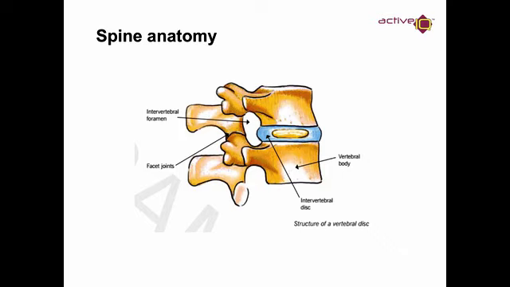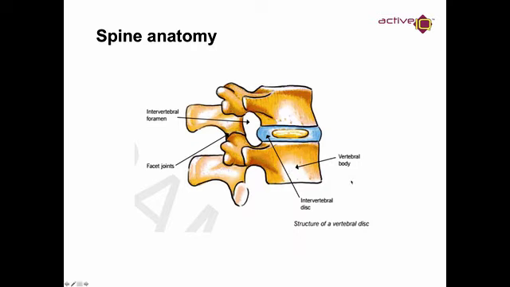And this is what an individual vertebral disc looks like, and we need to understand a little bit more about these individual vertebrae. What the diagram shows is, if you look at the front, you've got the main vertebral body.